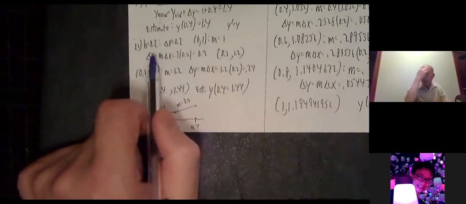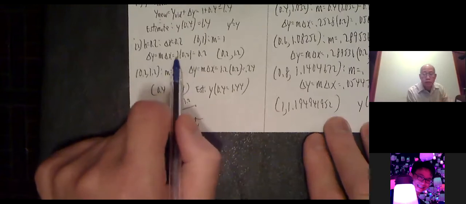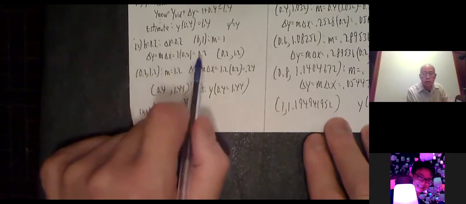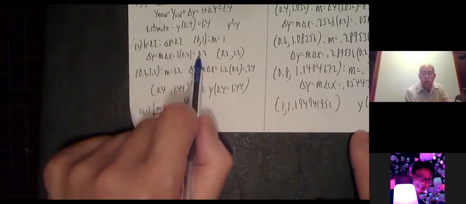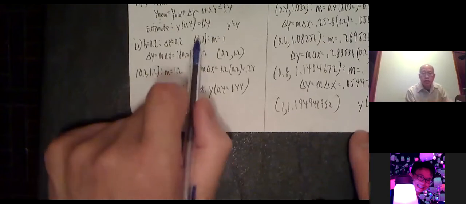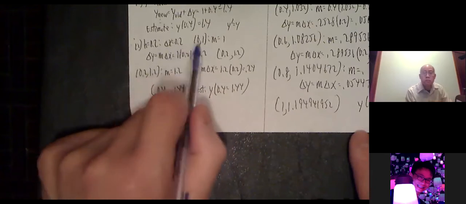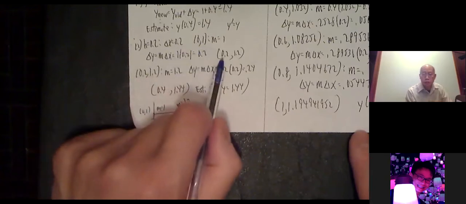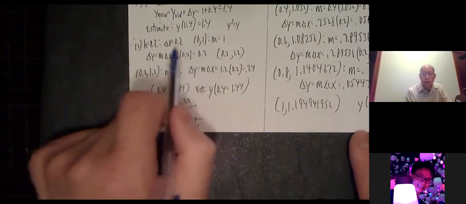Okay, so what's my delta y? Delta y is m delta x. So m is 1 times 0.2, 0.2. So what is my new point? I started at 0, 1. My delta x is 0.2. So my new x coordinate is 0.2. How come? The old x is 0, the delta x is 0.2, so now I'm at 0.2.